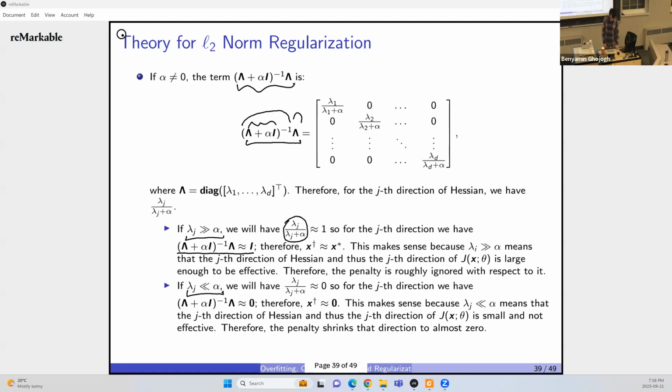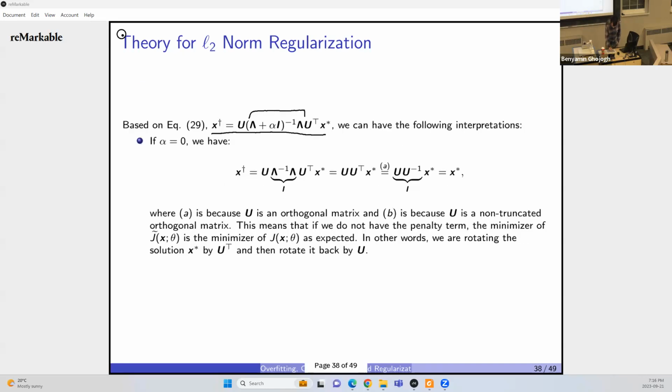Now, the other way around. When lambda j is much less than alpha, then lambda j over lambda j plus alpha becomes almost 0. So if all elements are like that, it becomes a 0 matrix, right? Now in the solution, set this to 0. What happens? X dagger becomes 0, right?